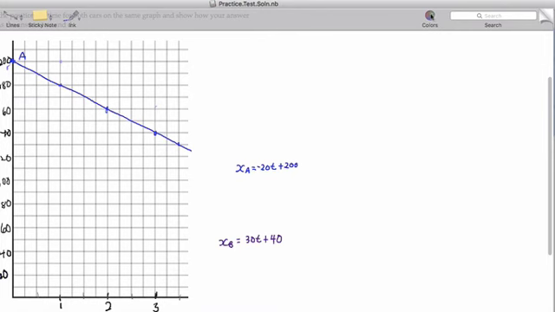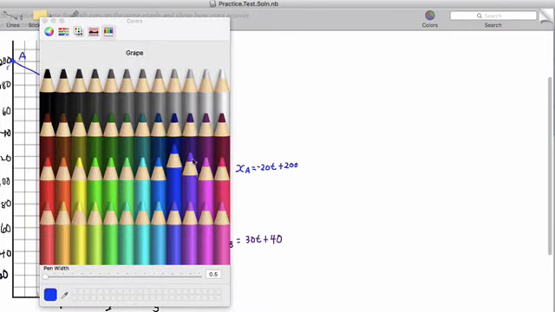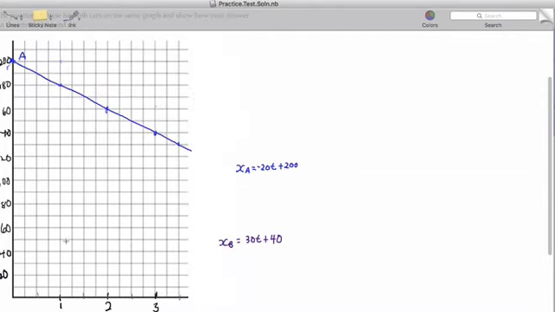And now we're going to plot the position for B. Okay. And that's right here. Okay. So we're starting at 40 and our slope is 30.